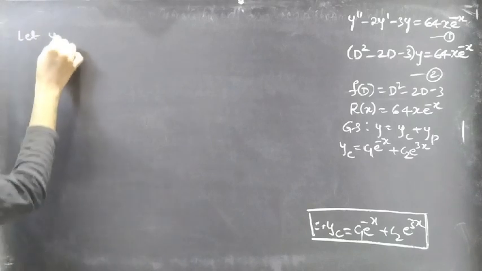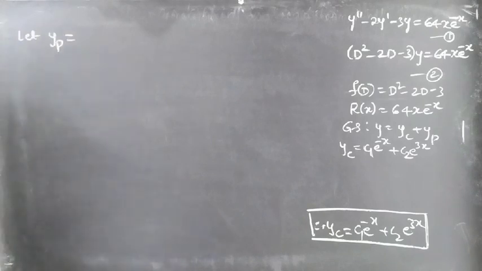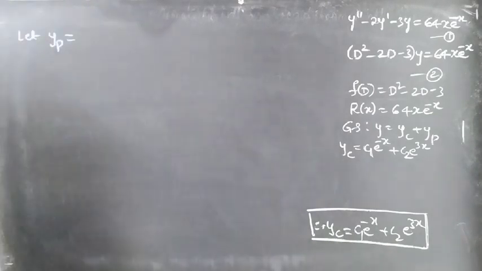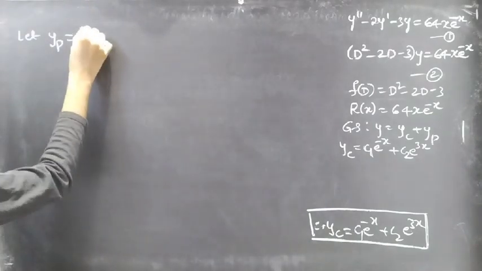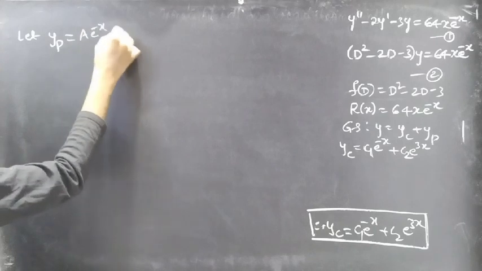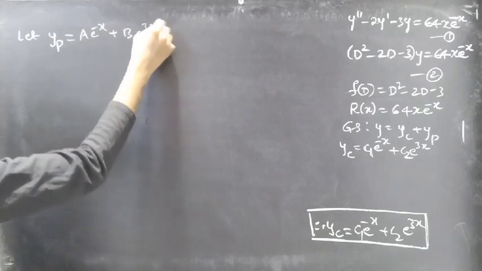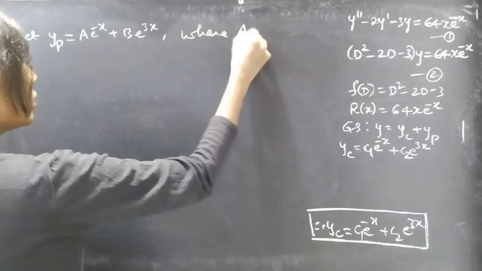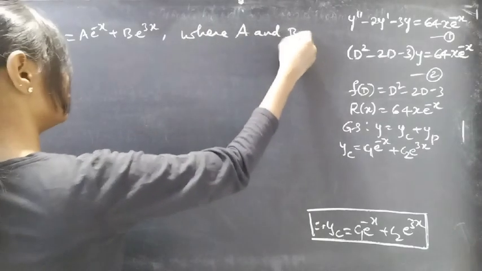let yp equal to, now replace the constants or parameters with some functions of x, say A and B. We'll get yp = A e^(-x) + B e^(3x), where A and B are functions of x.